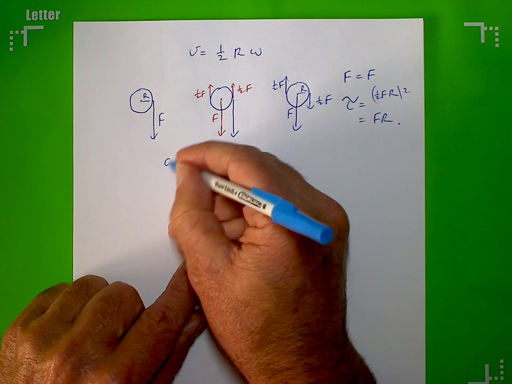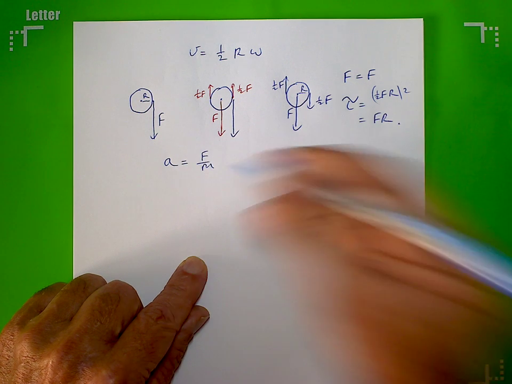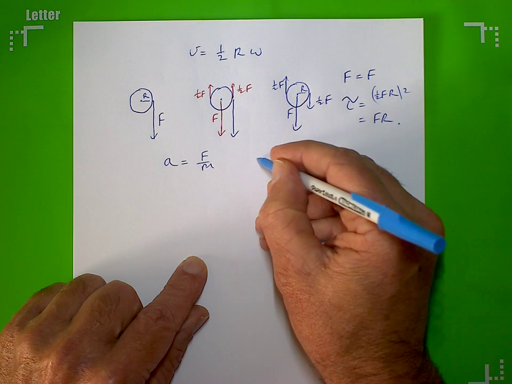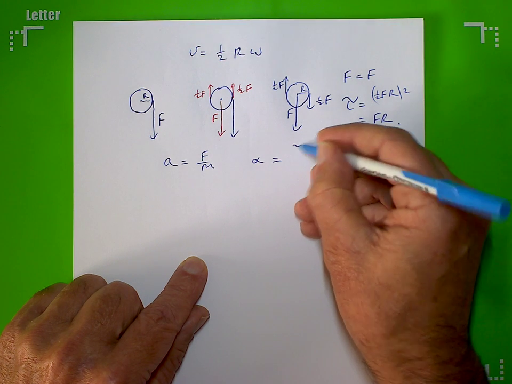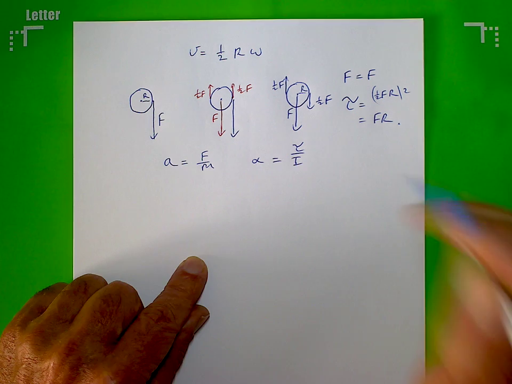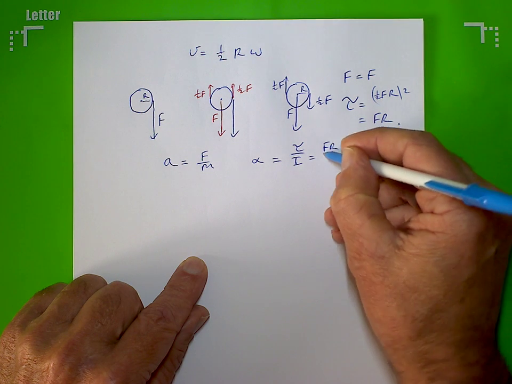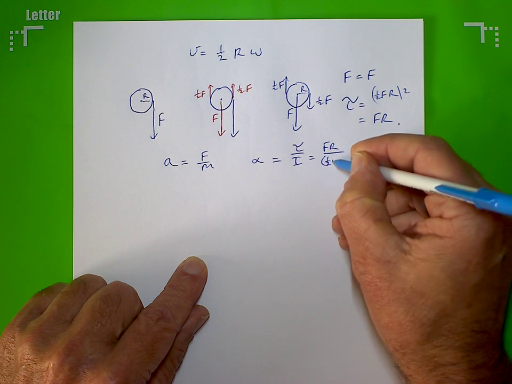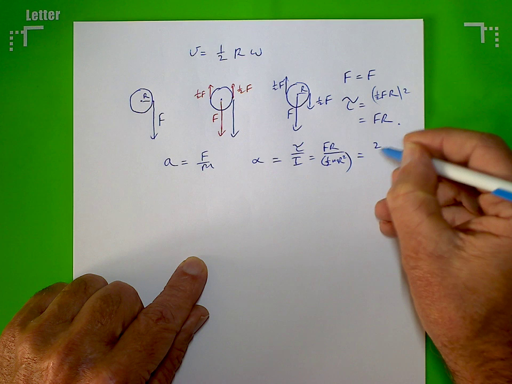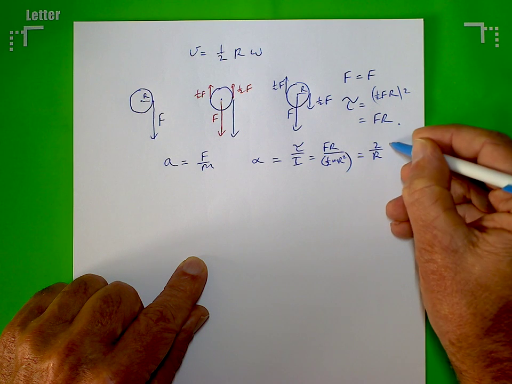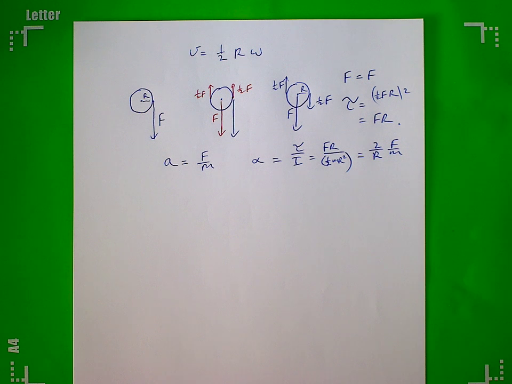So the linear acceleration a is equal to the linear force divided by m. The angular acceleration alpha is equal to the torque over the moment of inertia, which is equal to F R over one half m R squared, the moment of inertia of a disk, which is 2 over R times F over m.